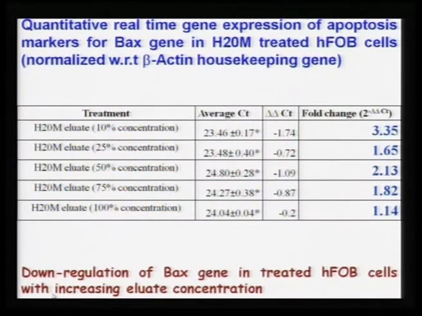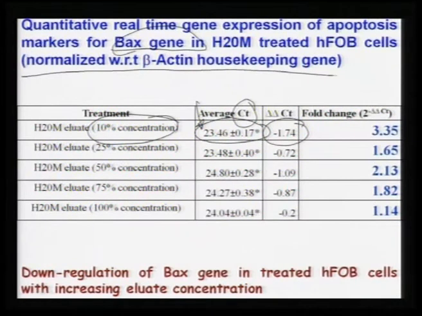So, for example, here it is the BAX gene, the pro-apoptotic gene. What you see is that the cycle threshold value after 10% eluate concentration is 23.46. I have mentioned here very critically, this is normalized with respect to the beta actin housekeeping gene.